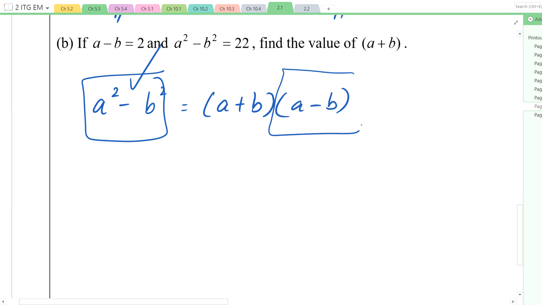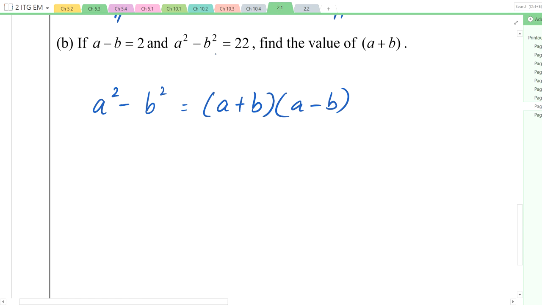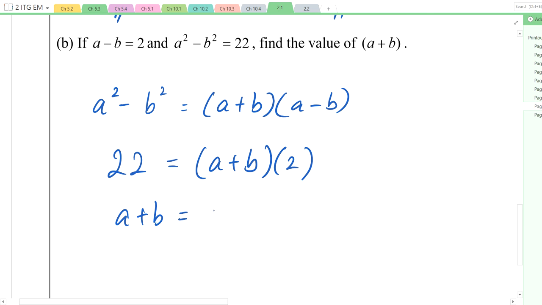A minus b is actually 2. I also have that. So logically, I must be able to find a plus b. Okay, I can choose to substitute the values in already. Or I can make a plus b the subject. So a square minus b square, that is 22, equals a plus b, and a minus b being 2. A plus b must therefore be equals to 11.